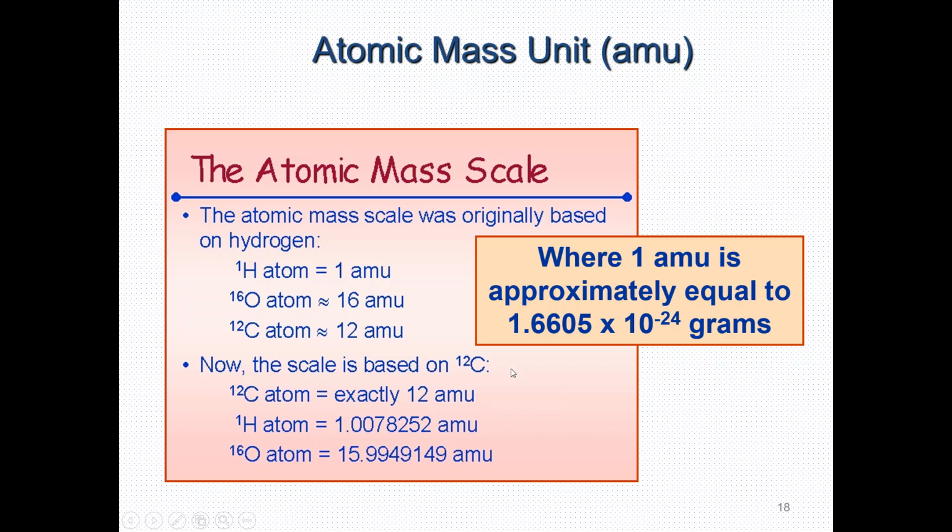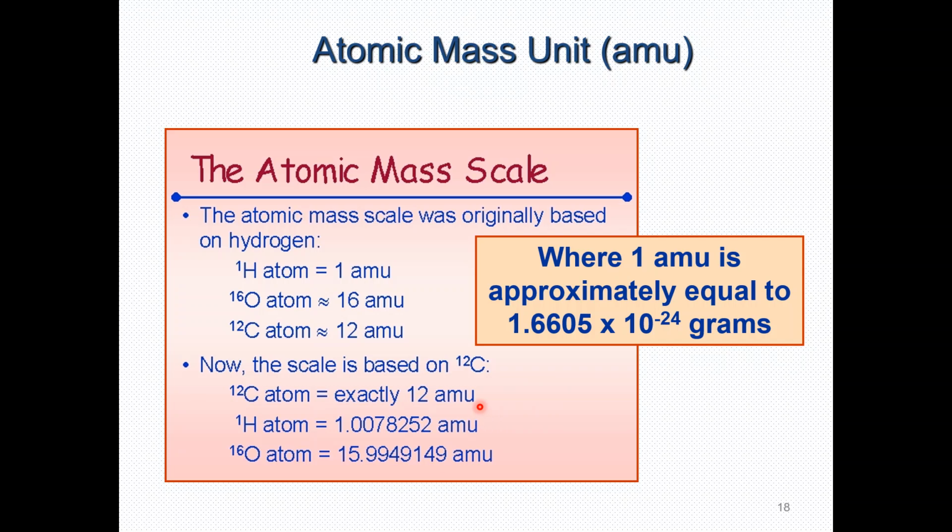Here we remember that 1 AMU is approximately equal to 1.6605 × 10^-24 gram. That is the exact value for the atomic mass unit.